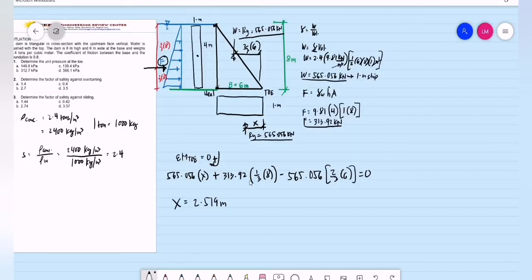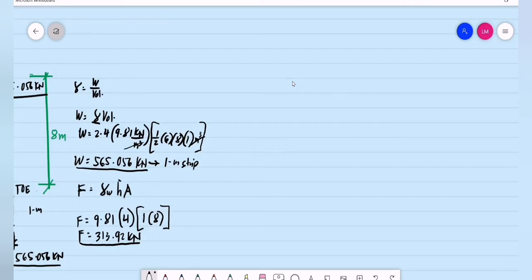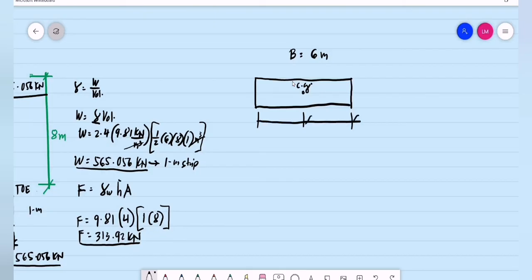Now, if you are to analyze the base of the dam, so we have the base of the dam is equal to 6 meters. If we are to locate its center of gravity, obviously that is mid-length. So this is 3 meters. This is also 3 meters.